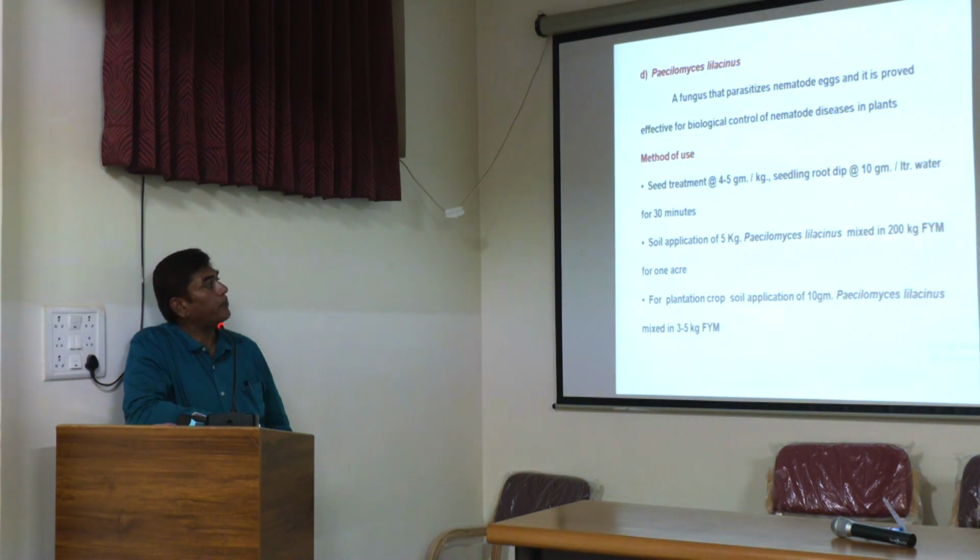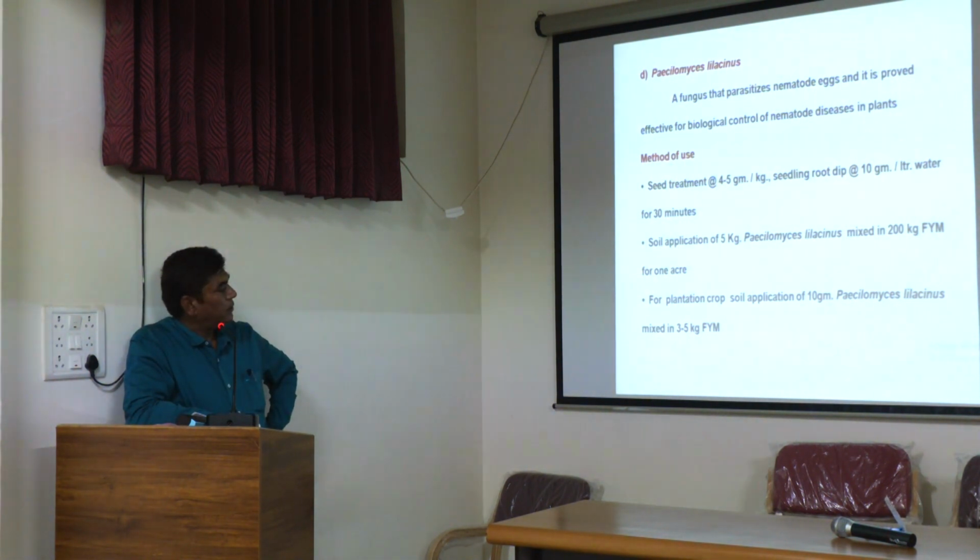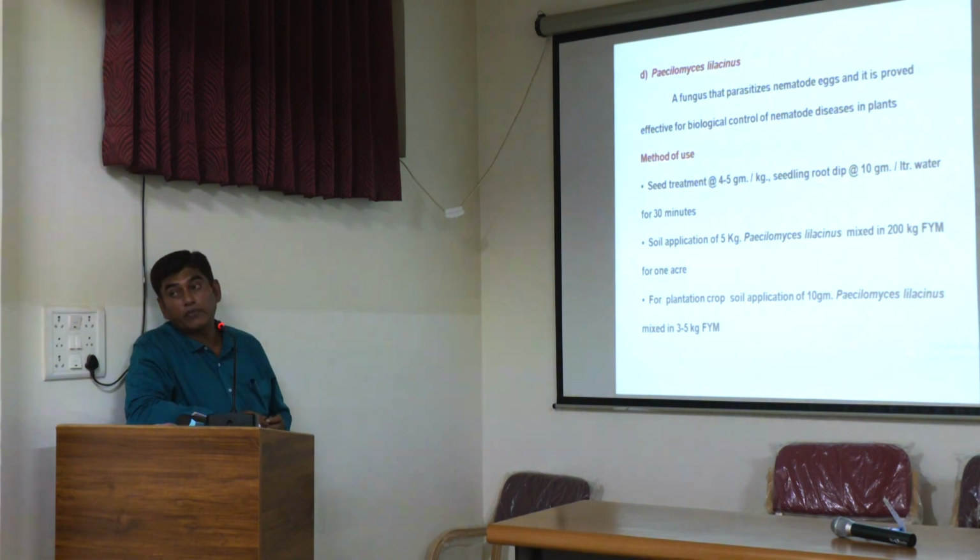Again, seedling root dip at 10 gram per liter of water for 30 minutes. Soil application, 5 kg Paecilomyces mixed in 200 kg of FYM for 1 acre. For plantation crops, individual plants, 10 gram per plant mixed in 3 to 5 kg of FYM.